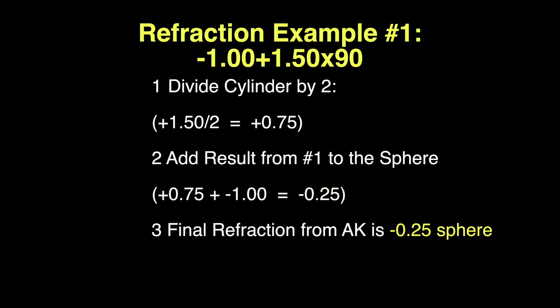The final refraction, if we correct all of that astigmatism, is the sum total of the sphere and the cylinder, which is divided by 2. So in this case, it's -1 plus 0.75, which would equal minus 0.25 sphere. Therefore, this refraction, if treated with astigmatic keratotomy, should result in a minus 0.25 spherical postoperative refraction, which is highly desirable and compatible with excellent long-distance vision.